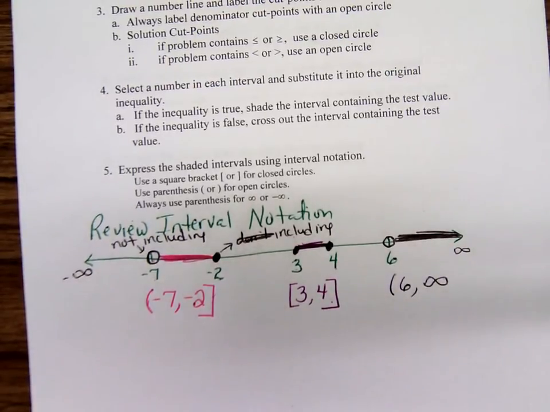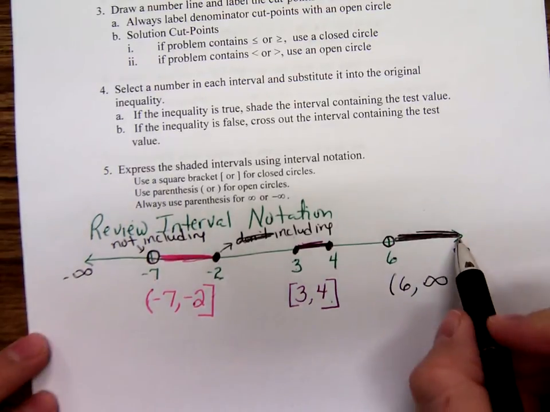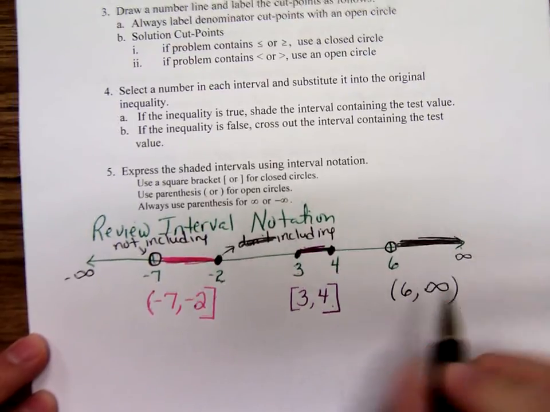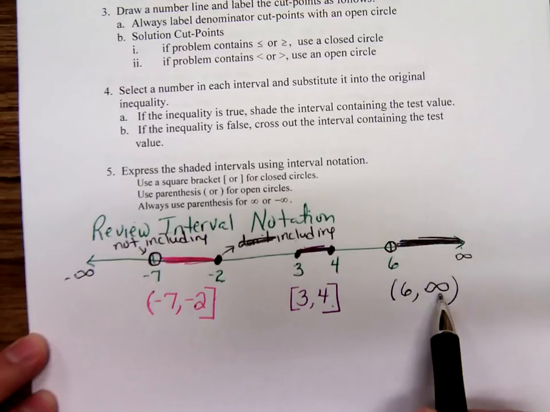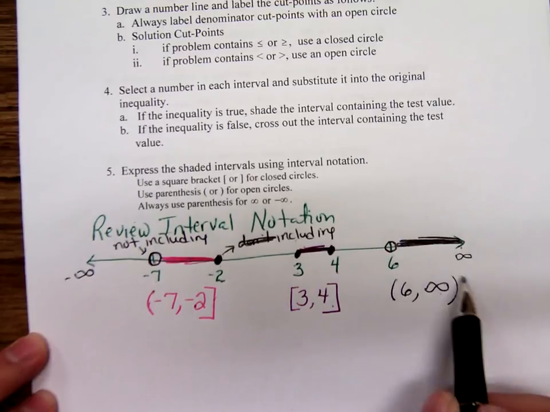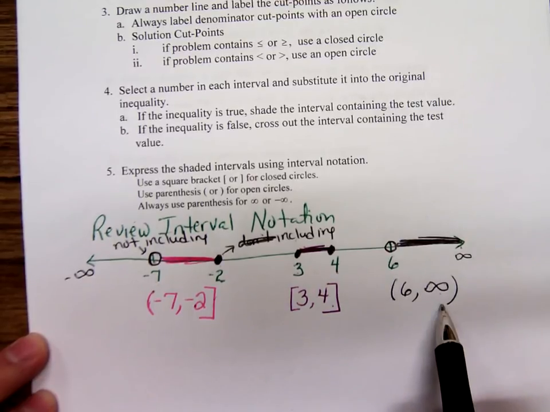Parentheses mean you're not including that number. Brackets mean you're including it. It wouldn't make sense to talk about including infinity. That would be like saying including the green arrow. So, all numbers between 6 and infinity, not including 6 and not including infinity.